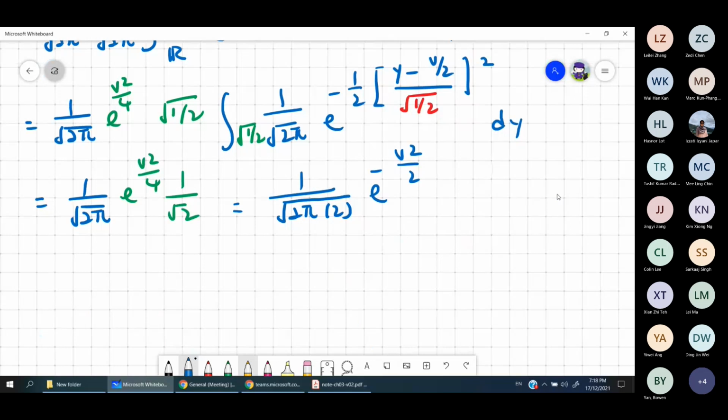So that's why this is very much looking like the pattern you can see.